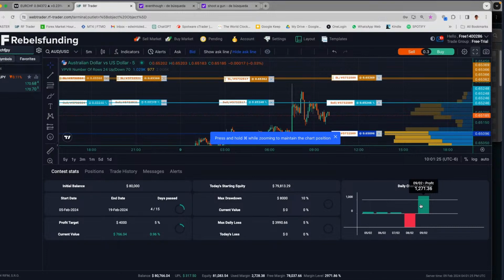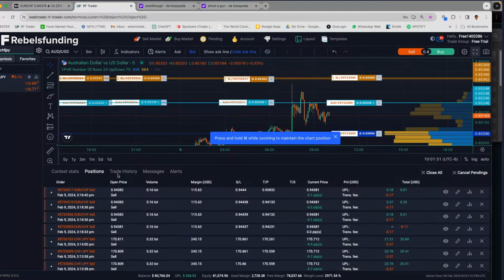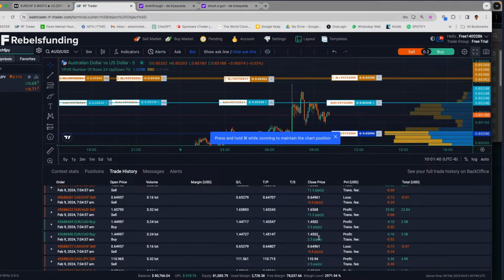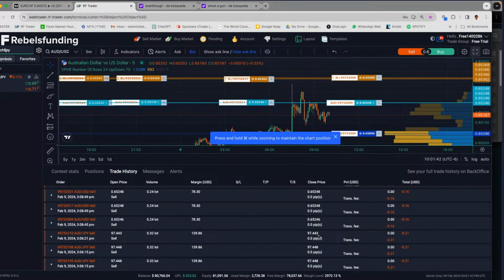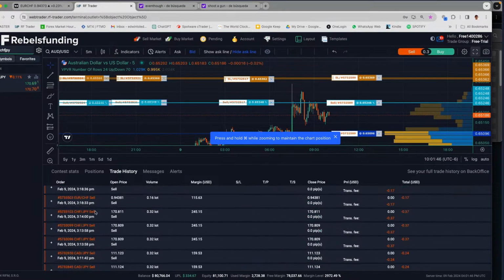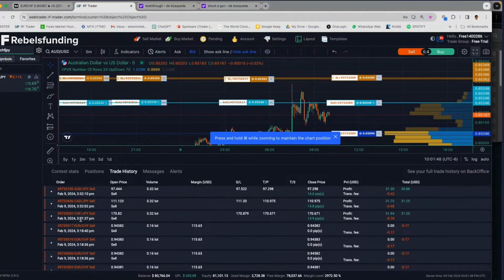What do you think? What do you all say? The positions, the history. I think if it were going to go south and took everything out, it shouldn't lose more than, let me see.